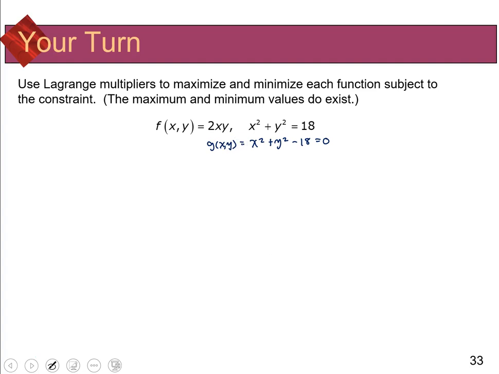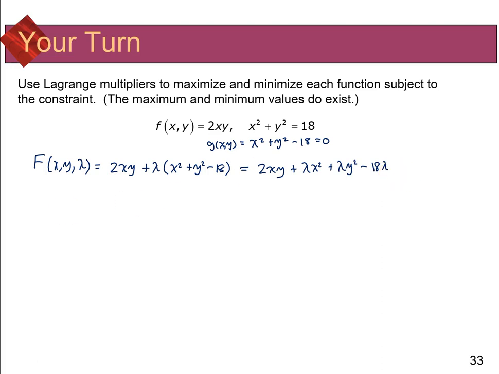So my Lagrange function is going to be 2xy plus lambda times x squared plus y squared minus 18, which is 2xy plus lambda x squared plus lambda y squared minus 18 lambda.